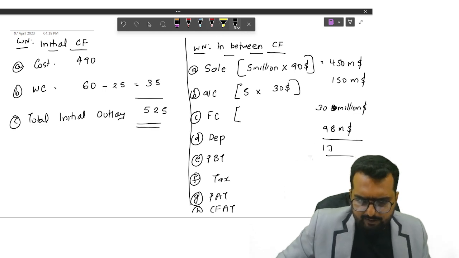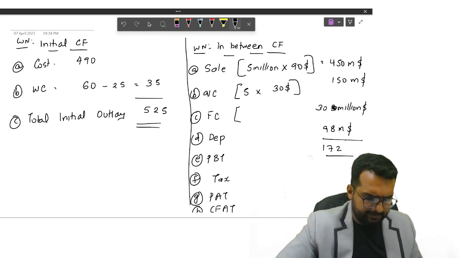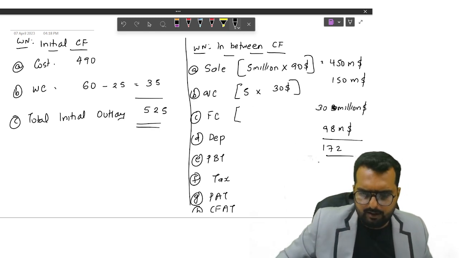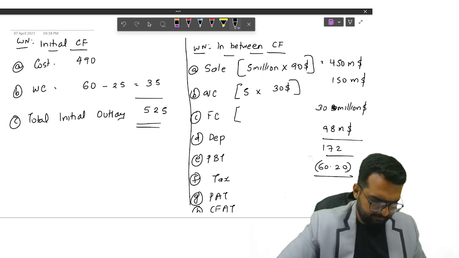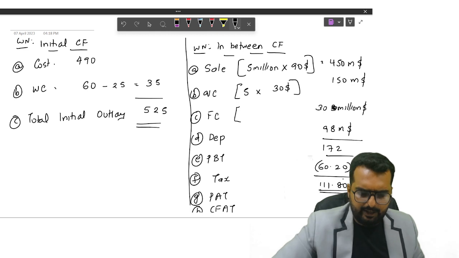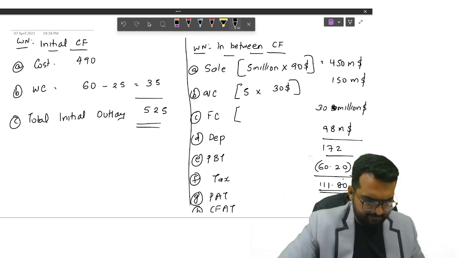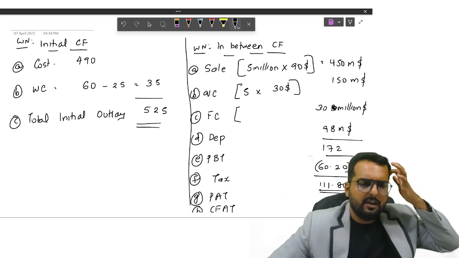So do you get the number as 172? Now how much is the tax rate? 35%. That will be 60.20. Triple 1.8. Add back depreciation. You will get the number as 209.80.